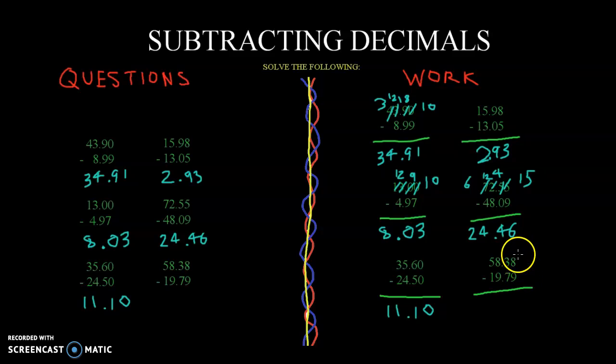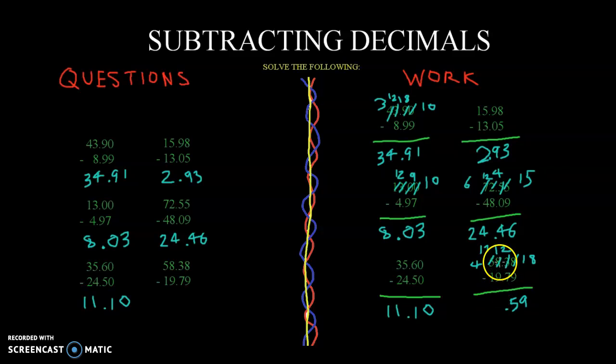8 minus 9 will regroup. We get 18. 3 turns into 12. And then that will turn into 17. And 5 turns into 4. 18 minus 9 is 9. 12 minus 9 is 3.